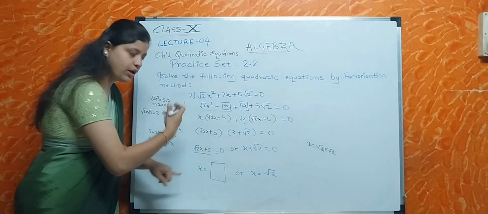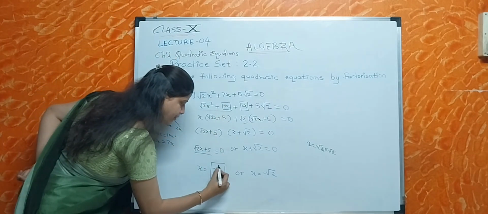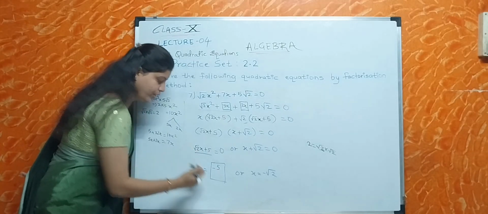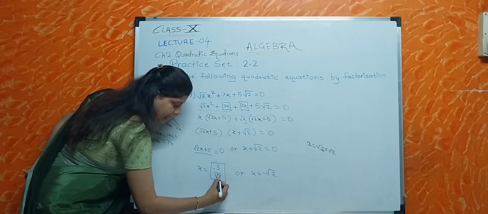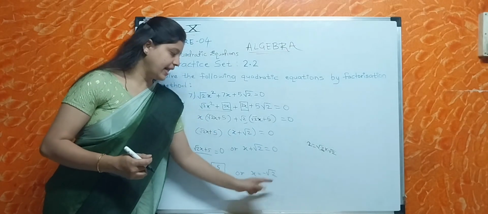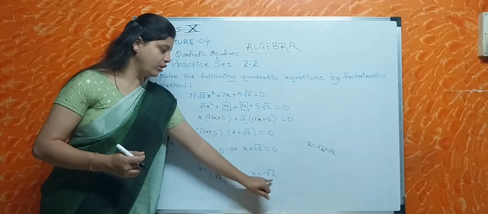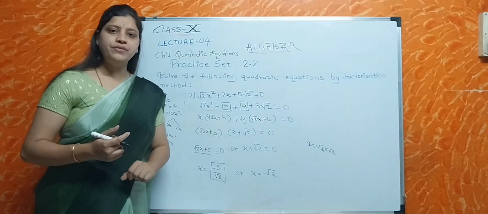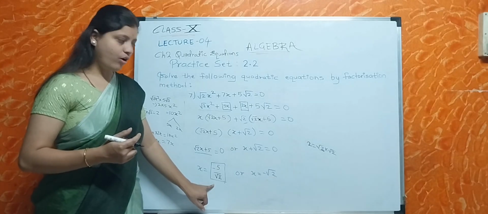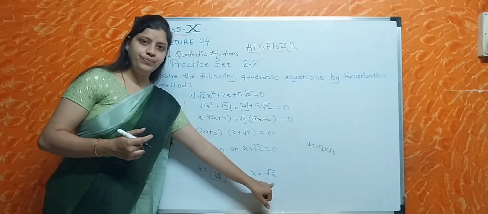This plus 5 goes to this side, it becomes minus 5. This root 2x is in multiplication form, so this root 2 goes in the denominator. x is equal to this plus root 2, it goes to the right hand side and becomes minus root 2. So x is equal to minus root 2. So the roots of this equation are minus 5 upon root 2 or minus root 2. Understood?